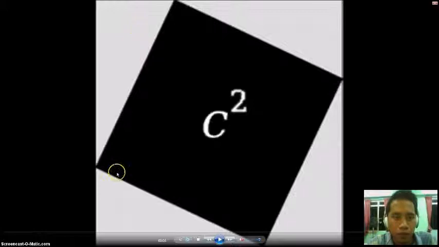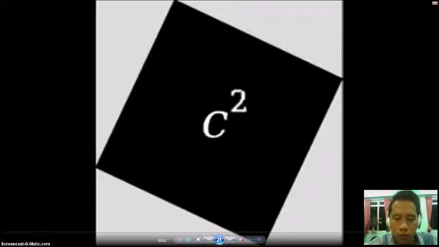Here 1, 2, 3, 4. Okay, the area of this is c squared. If you notice, the square is connected to all 4 hypotenuses of all 4 right angle triangles. This hypotenuse for this triangle, this hypotenuse for this triangle, hypotenuse for this triangle, hypotenuse for this triangle. Okay, so we can see that the area of the c square is black in color.